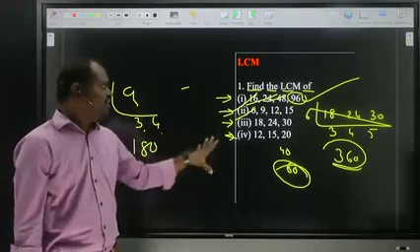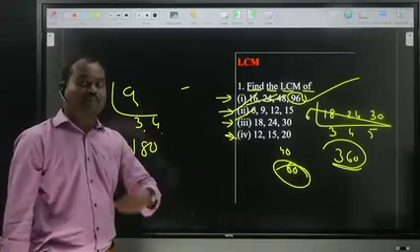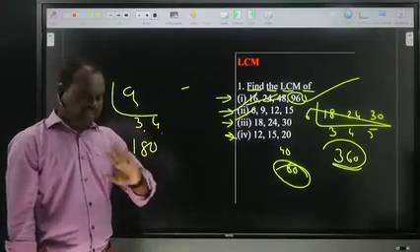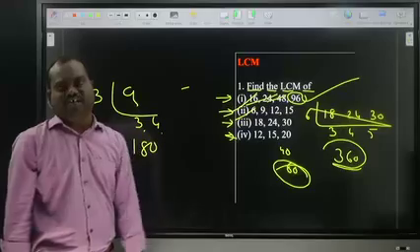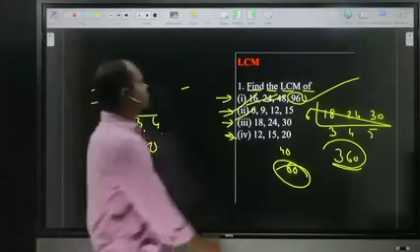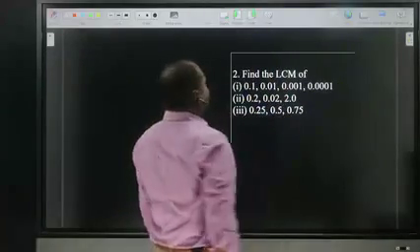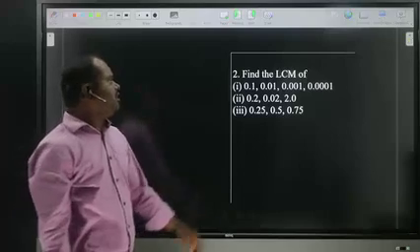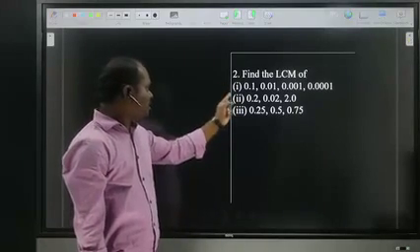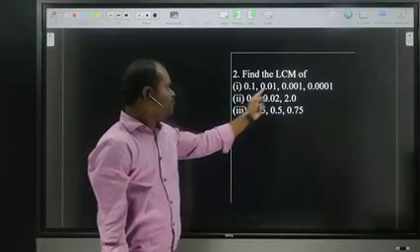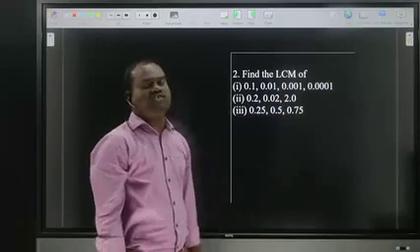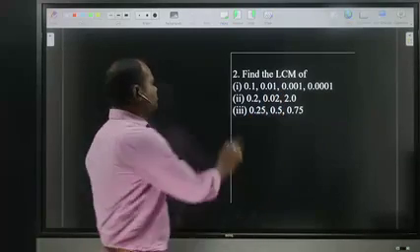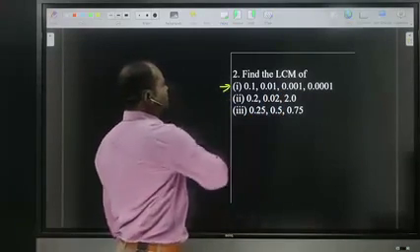Now I have shown it for normal numbers. Now we are moving to decimal numbers. When dealing with decimal numbers, how do we find the LCM? Find the LCM of 0.1, 0.01, 0.001, 0.0001. Now we are looking at the first question.